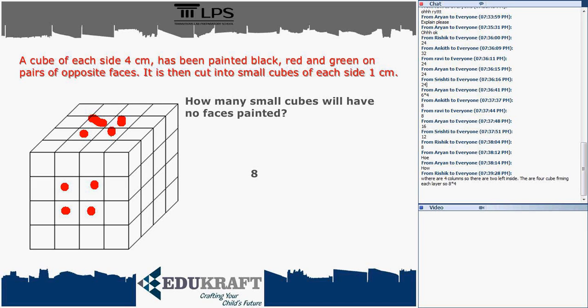Yes, 4 cubes that are also painted. The question was how many of them will have no faces painted? Yes, got the answer. They have understood the logic.